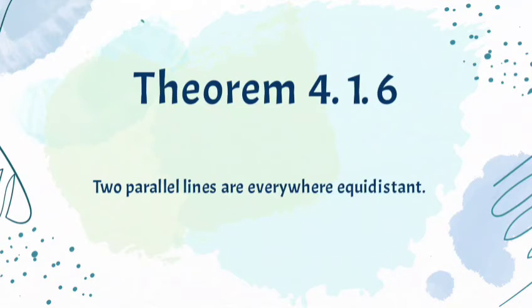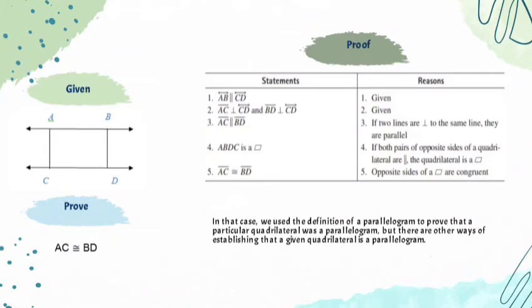Theorem 4.1.6: two parallel lines are everywhere equidistant. For example, given line AB is parallel to line CD, segment AC perpendicular to line CD, and segment BD perpendicular to line CD. See figure 4.4.